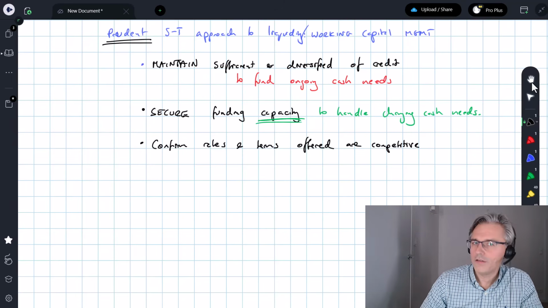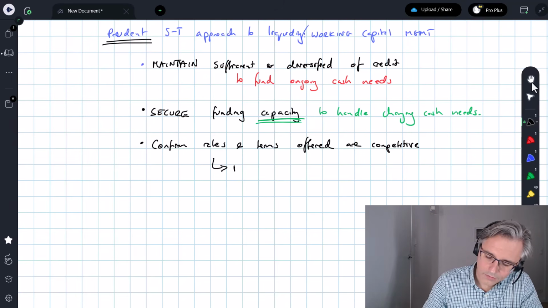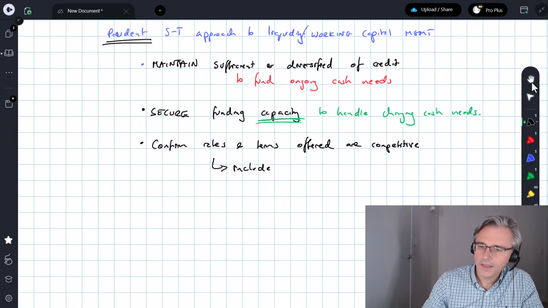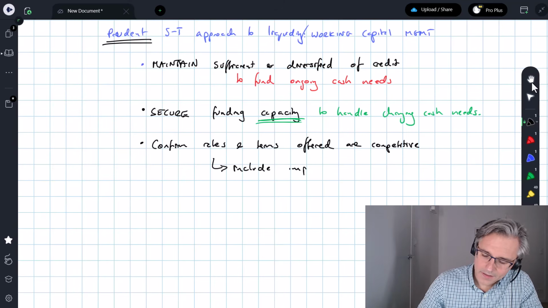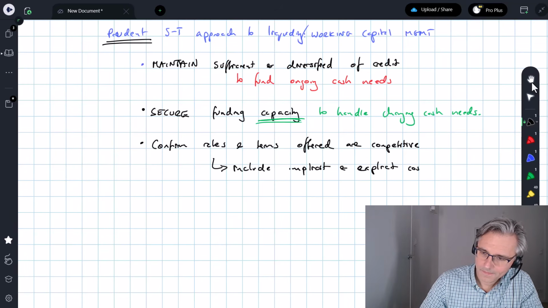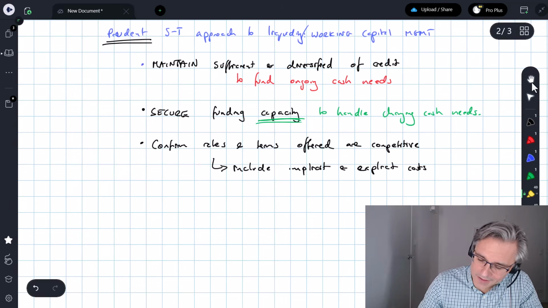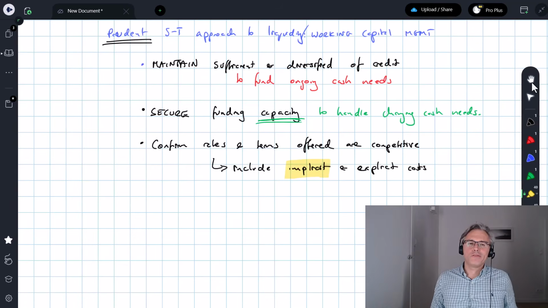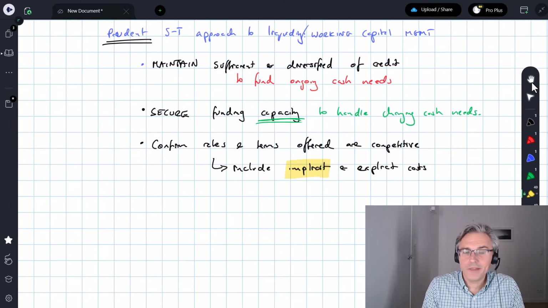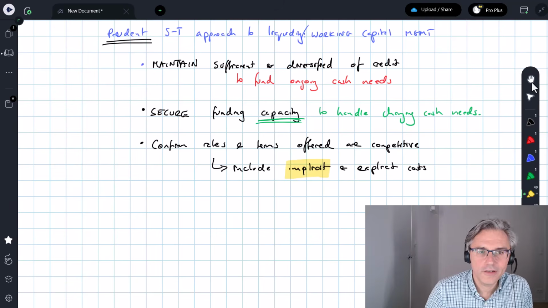And this should include the implicit and explicit costs of funding. And those implicit costs are especially important when you're funded by your suppliers, but you may think, as I've said, I think 2 or 3 times already, you may think it's cost-free.